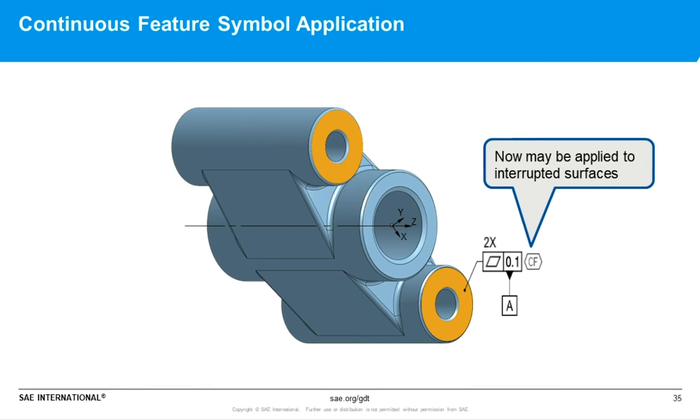And then a slight change to the continuous feature symbol. That was used in 2009, but primarily the way it was defined in 2009 was it was applicable to interrupted features of size like diameters.